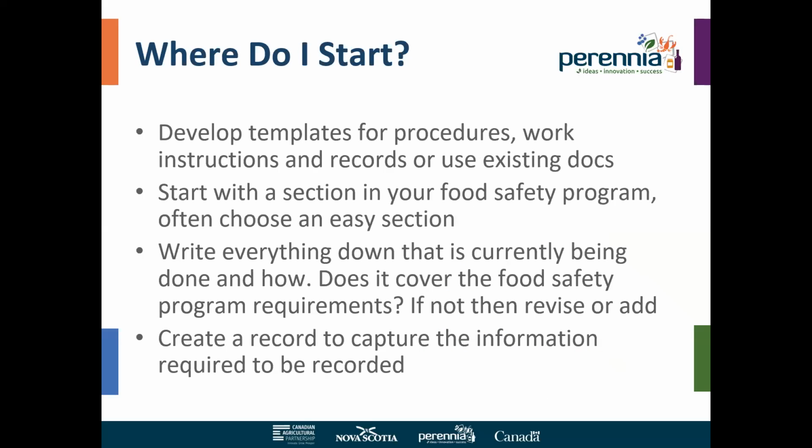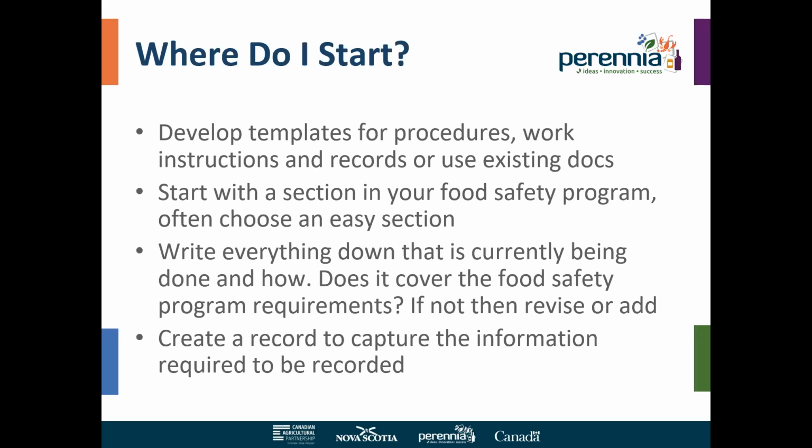So where do you start when it comes to developing and implementing these preventive control plans? First of all, we say develop templates for procedures. If you develop a template, it's going to be consistent throughout your entire program. So these templates are used for your work instructions or your sanitation standard operating procedures, or your regular standard operating procedures, and then records.